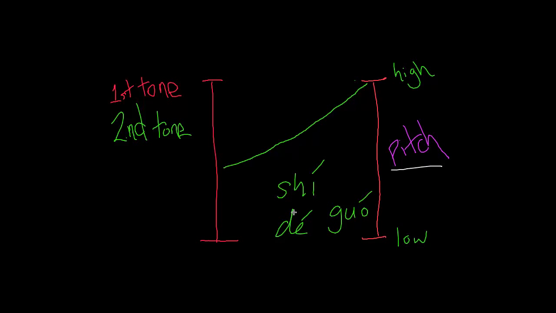So De Guo, this is Germany. One more for you. Person. Ren, ren. This is also second tone. So the second tone is a rising tone.